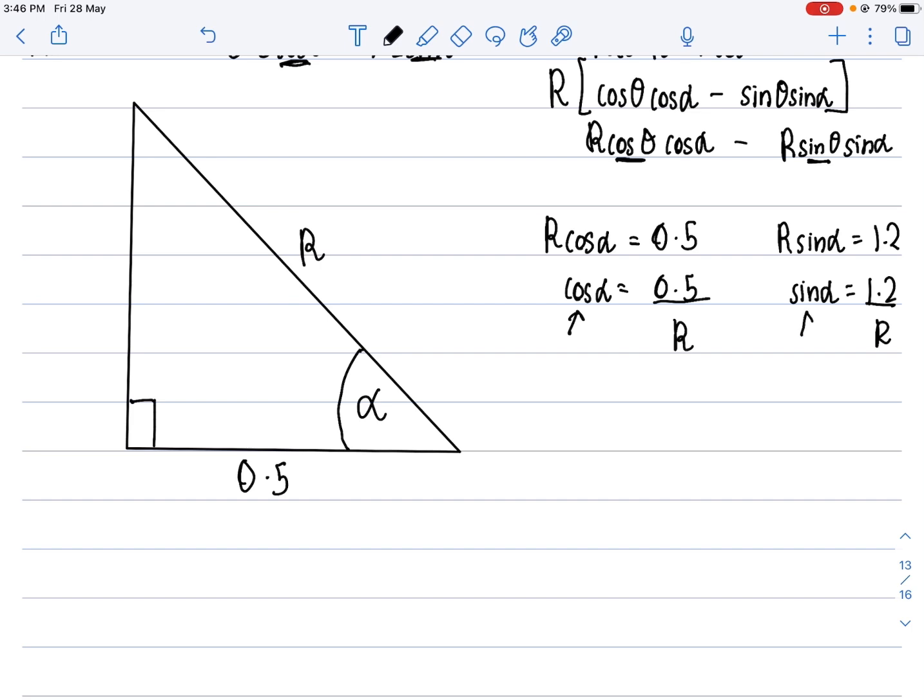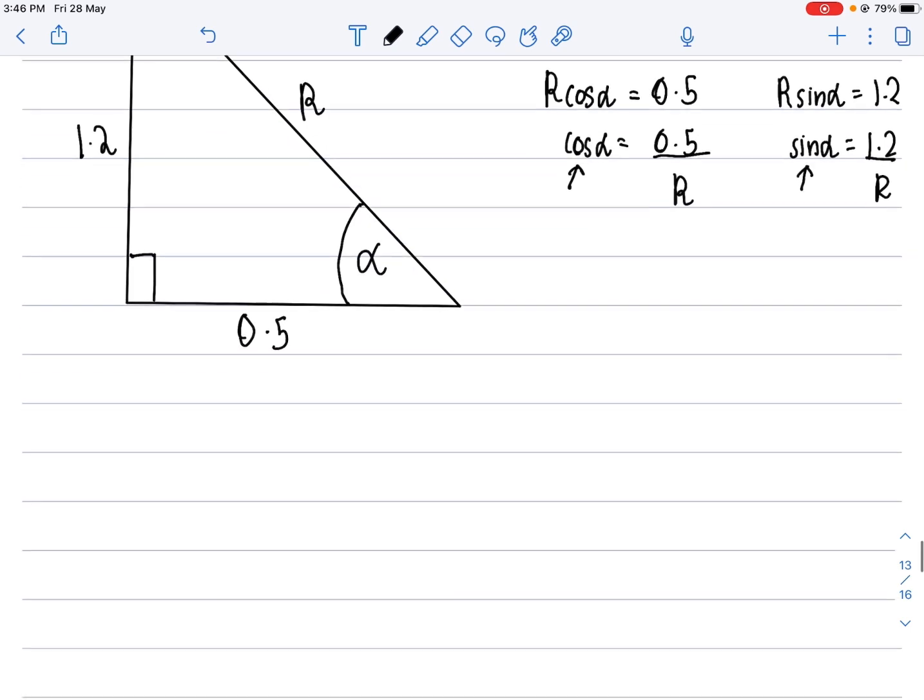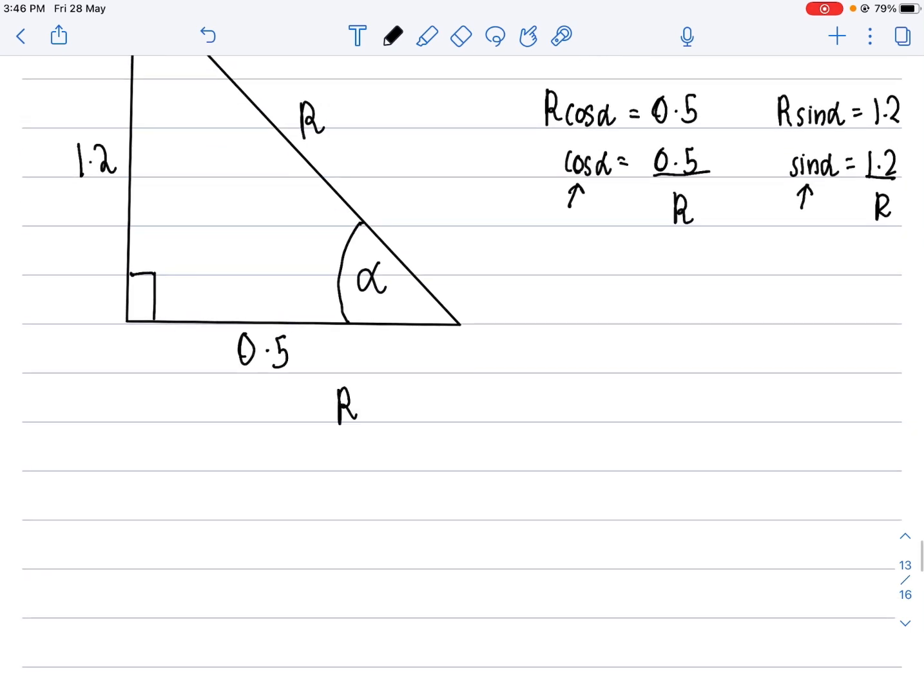And sin I know is opposite over hypotenuse, so this is 1.2 with r. So now I can say r is equal to the square root of 0.5 squared plus 1.2 squared. I can simply solve this on the calculator. So 0.5 squared plus 1.2 squared, the square root. I get my answer as 1.3.